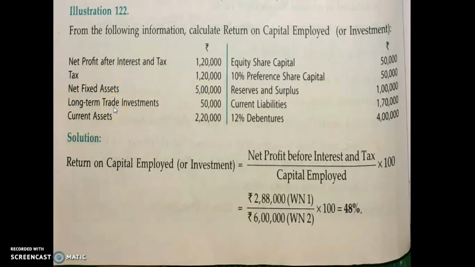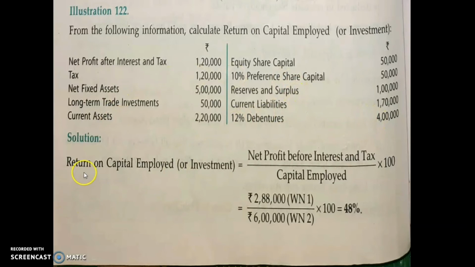Long term trade investment is 50,000. Current assets is 2,20,000. Equity share capital is 50,000. 10% preference share capital is 50,000. Reserve and surplus is 1 lakh. Current liabilities 1,70,000 and 12% debentures is 4 lakh. So these are the items given to you.